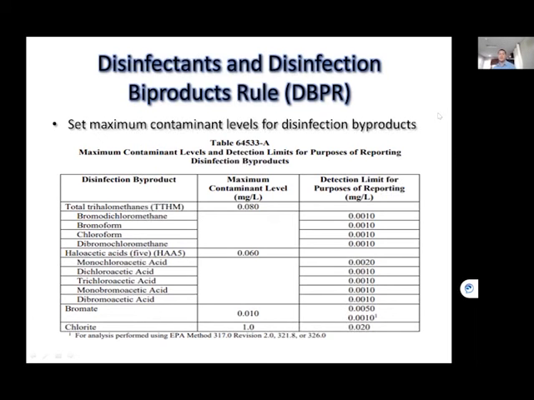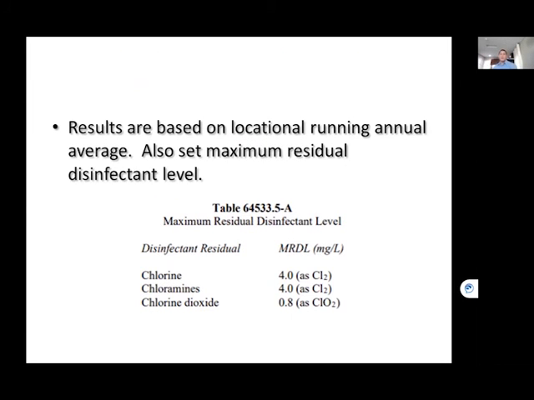And then at those points is where we'll measure for THMs and HAA5s, with quarterly samples, to see if the level has gone above the MCL. And it's based on an average, a 4-quarter average. Results are based on locational running annual average.